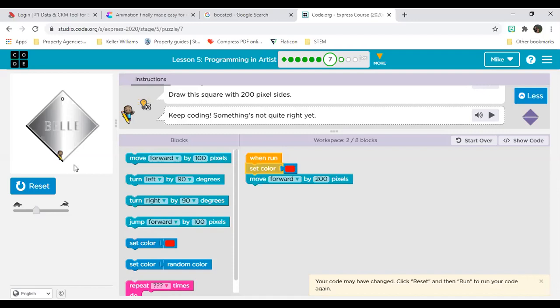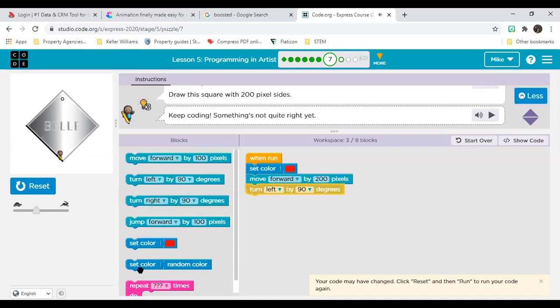There we go. Bless said he is going to turn left. Yes, if we had moved up first, and he did this side over here first, he was going to turn right. But yes, thank you, Bless. He is going to turn left by 90 degrees.